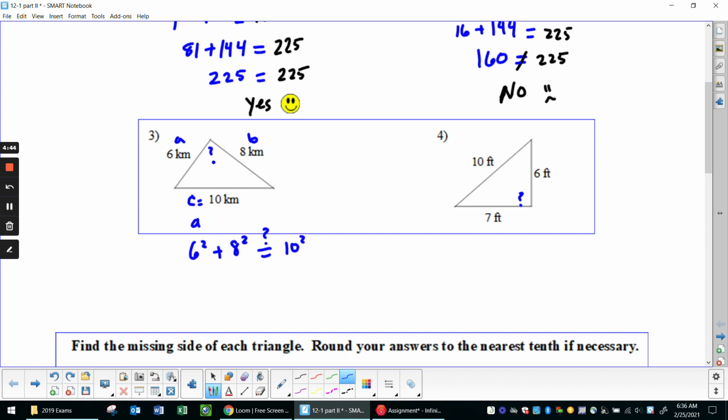So A squared plus B squared, is it equal to C squared? We'll let you guys solve this, and if you finish early, go ahead and try out number 4. We'll be right back.